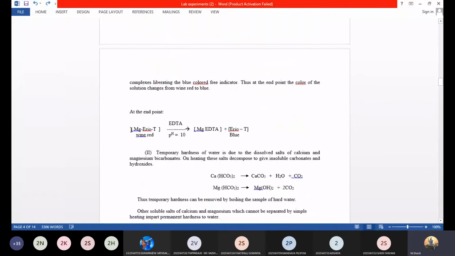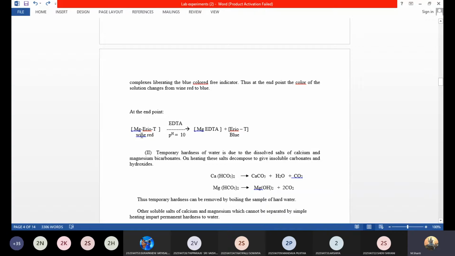So into the conical flask, first thing is the hard water sample, then the indicator, then 10 drops of buffer solution. And in the burette you are going to take EDTA solution. In the burette what you are going to take? EDTA solution.